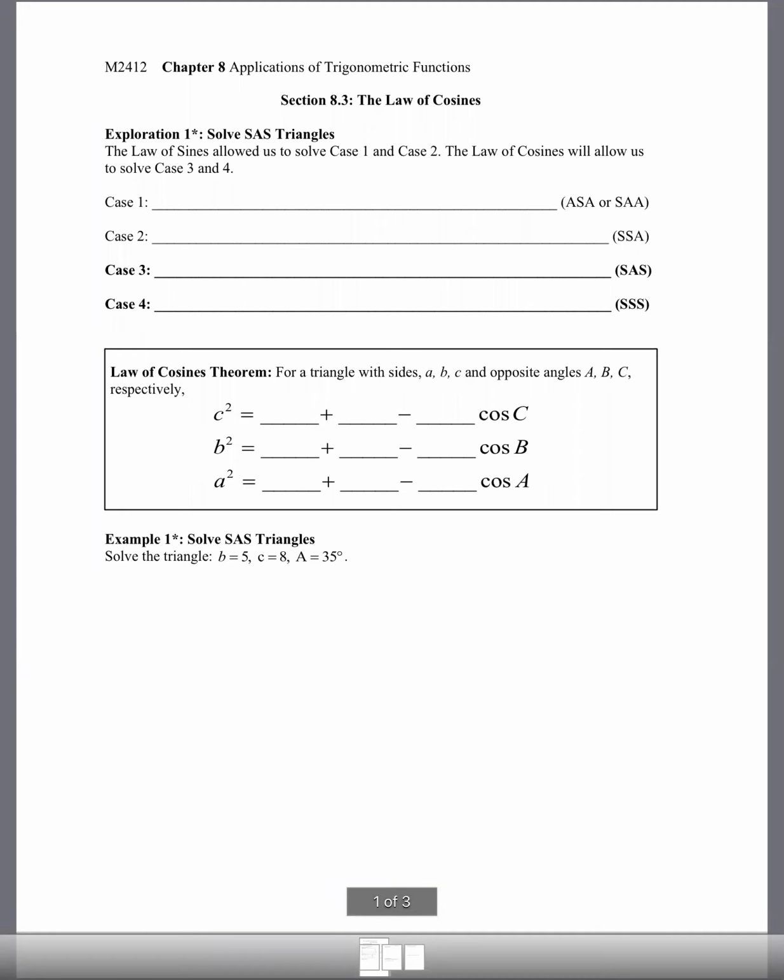If we look at what we've already talked about, these first two cases here are for the law of sines.